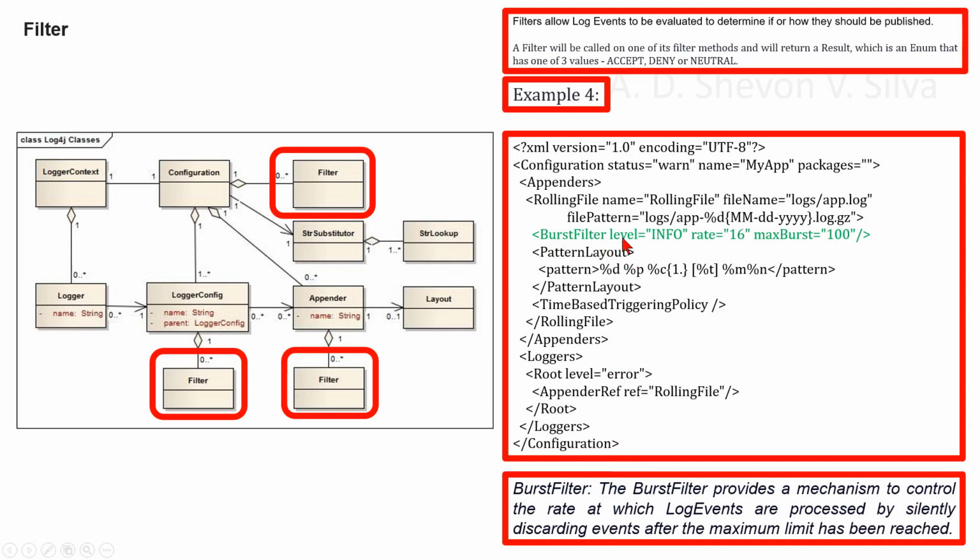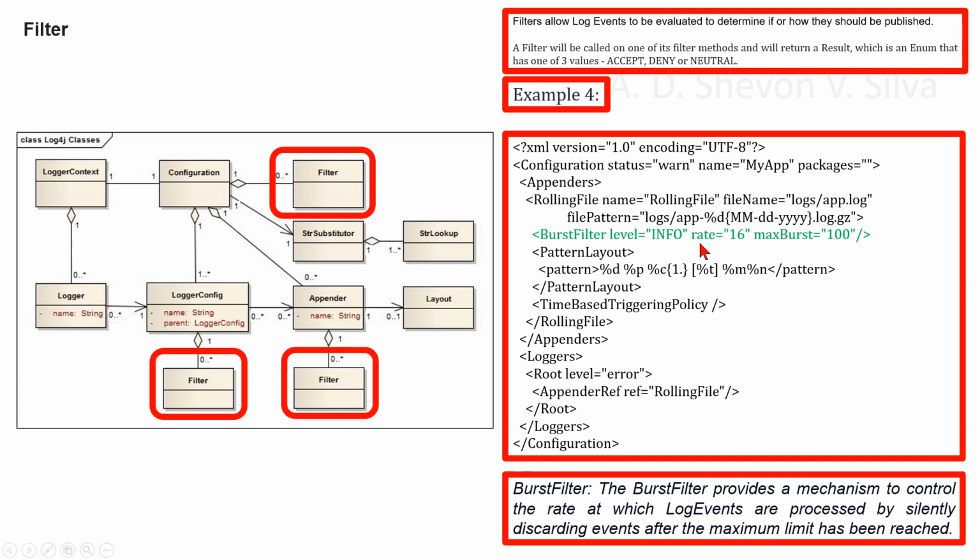and here the level is a string, the level of the message to be filtered. Anything at or below this level will be filtered out if max burst has been exceeded. The default is 1, meaning any messages that are higher than that will be logged regardless of the size of the burst.